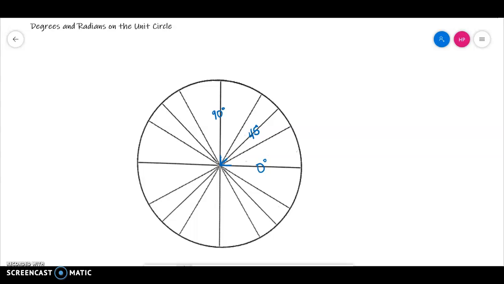So 0, 45, 90 plus 45 is 135, plus another 45 sets me at 180 degrees. Another 45 is 225, plus 45 brings me to 270. And then 315 until finally I circle back around and I can call that again 360 degrees. So counting by 45s, those all work.